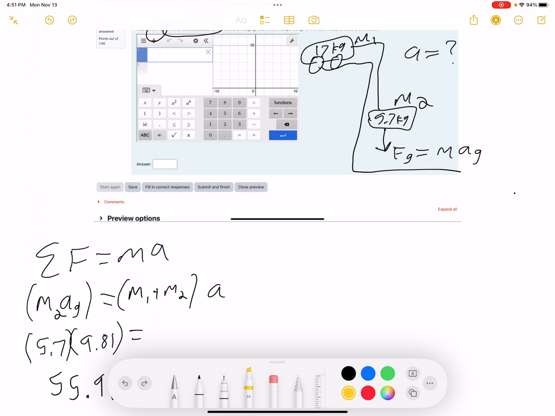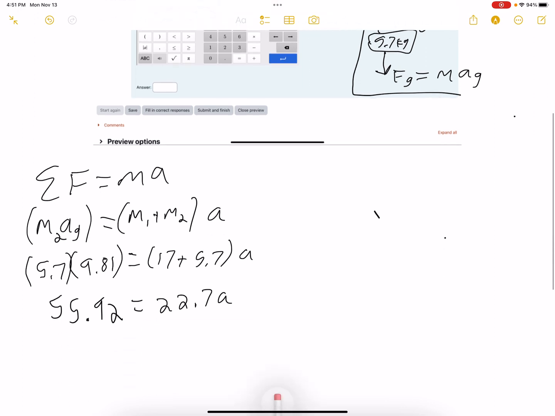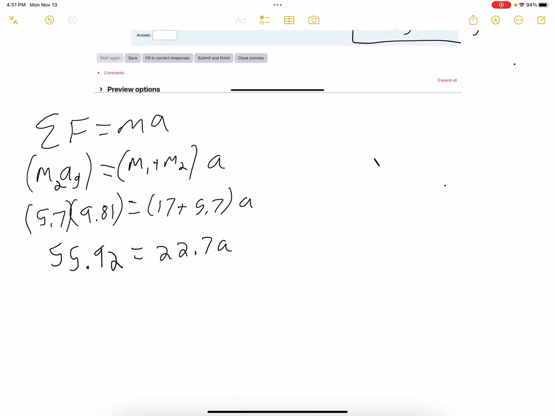Okay, so now when I plug my numbers in, let's close it. Okay, so I have my two masses. So I would have 17 plus 5.7 times A. So this would be 22.7 A. And now I'm going to divide both sides by 22.7.